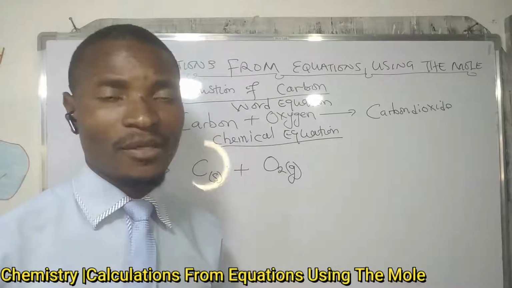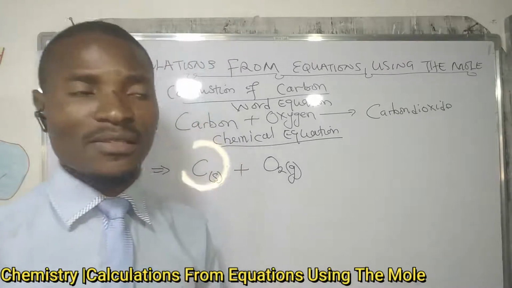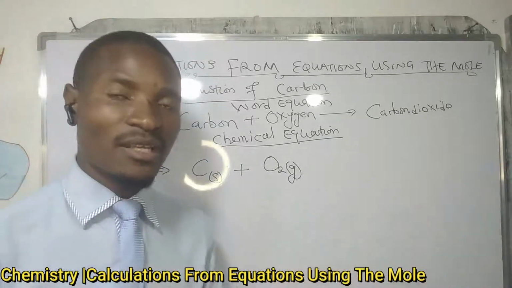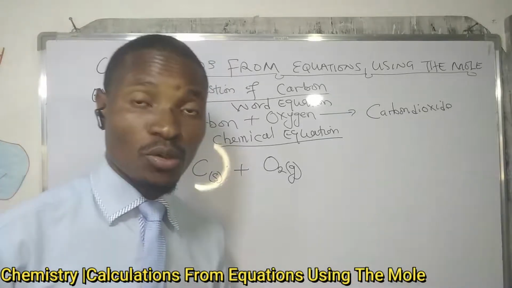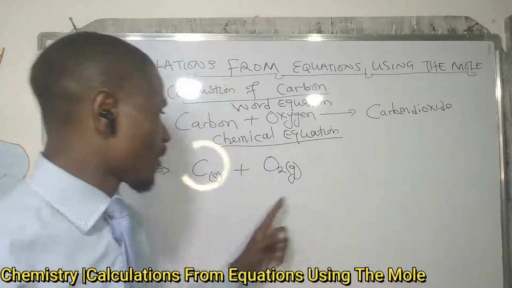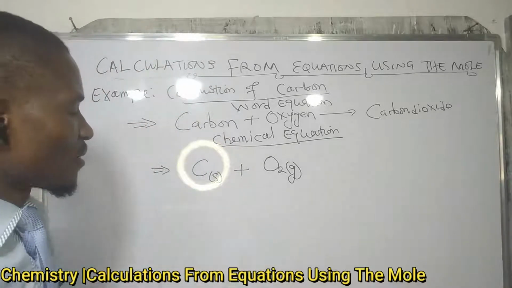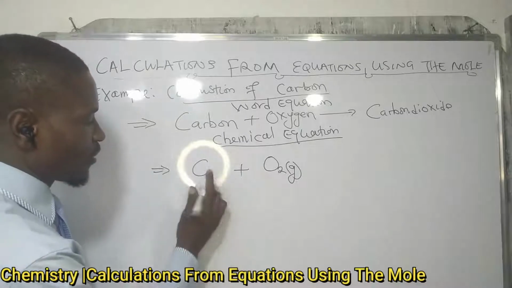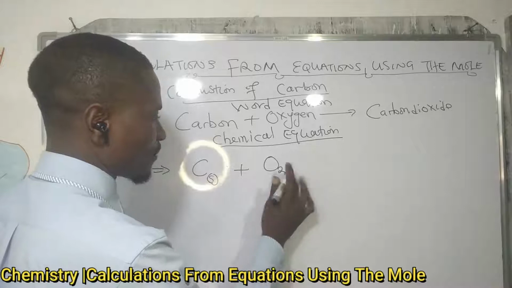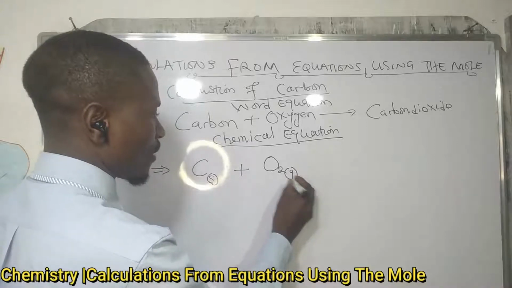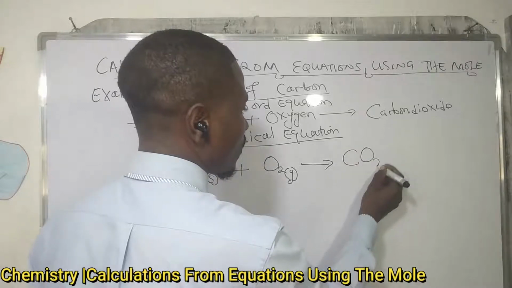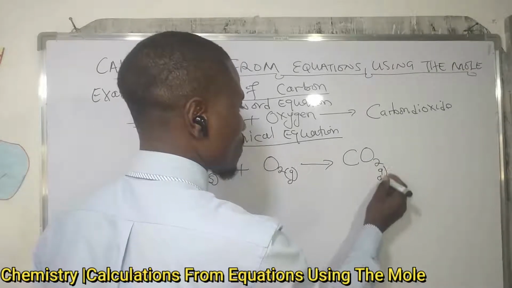Carbon is a hard thing, and oxygen is something we cannot see, so oxygen is a gas and we put a (g), and carbon is solid (s). Put the symbols underneath the element. It produces carbon dioxide, which is also a gas.